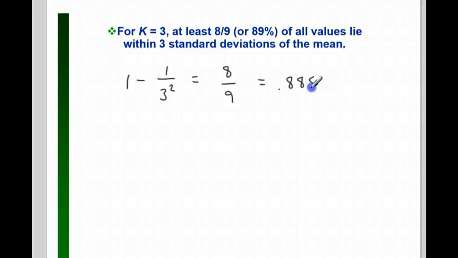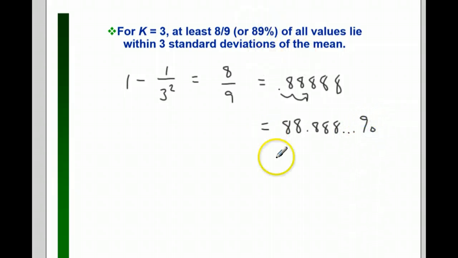So 0.888888 forever. And then to change that to a percent, move that decimal 2 places to the right and slap on the percent sign. So we'd get 88.888888 repeating percent. And so that's where the roughly 89% is coming from.